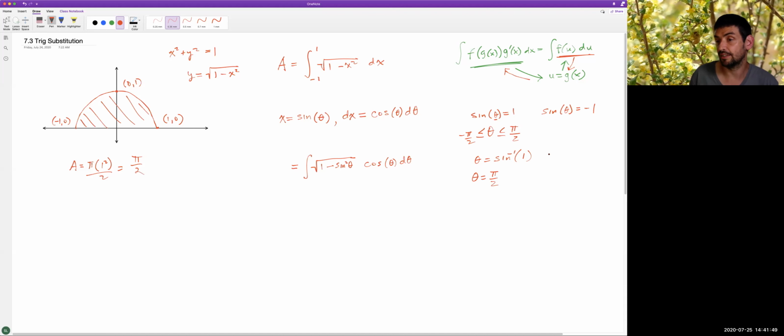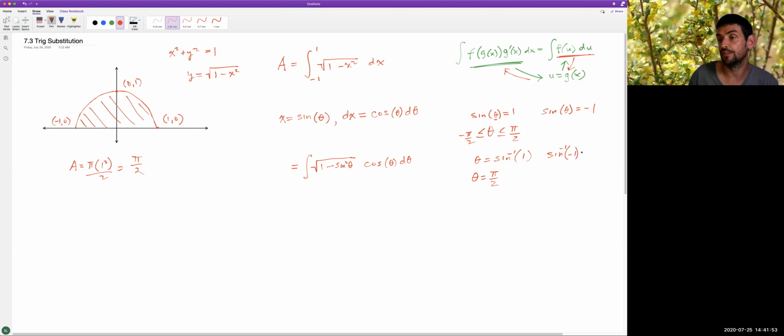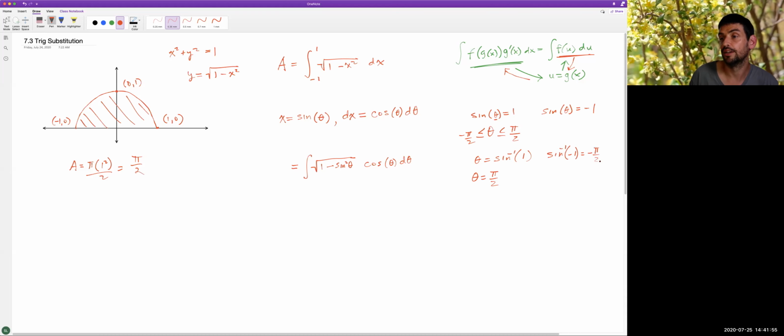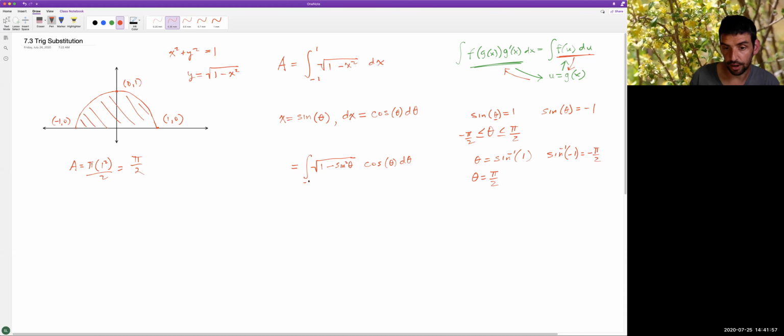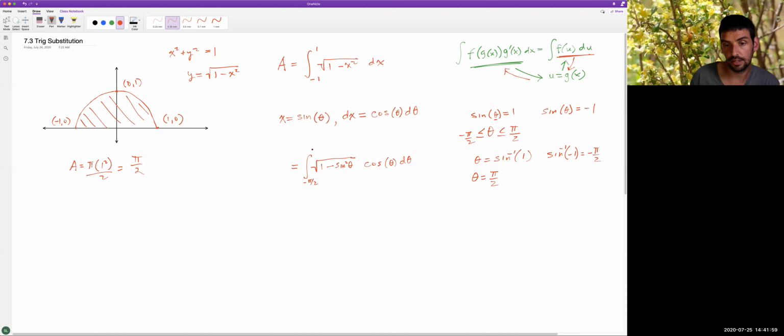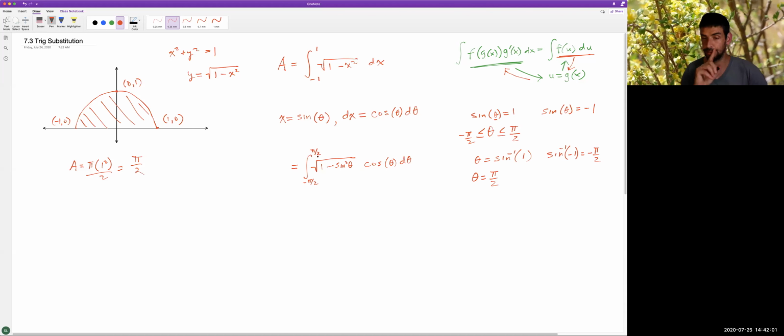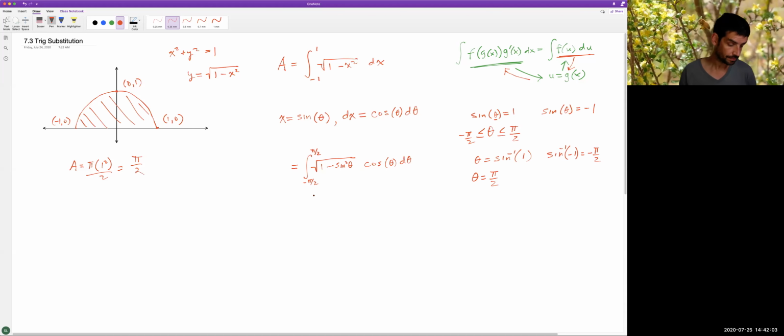And in the same case, the inverse sine of -1 is negative pi over 2. And so our bounds can be written this way, okay?